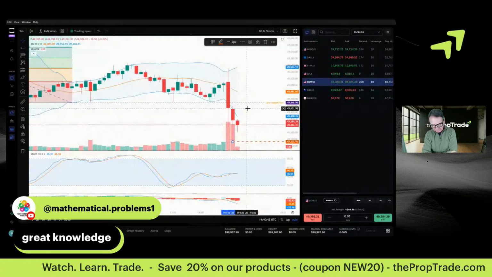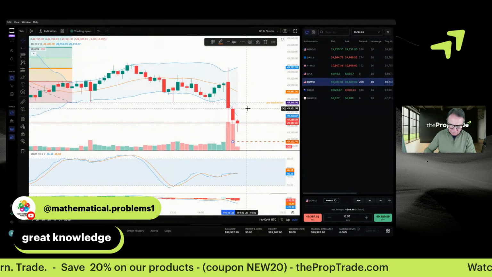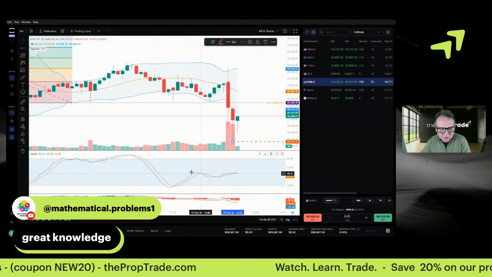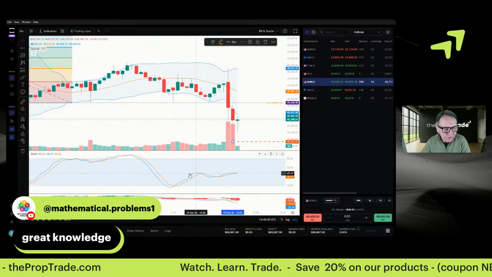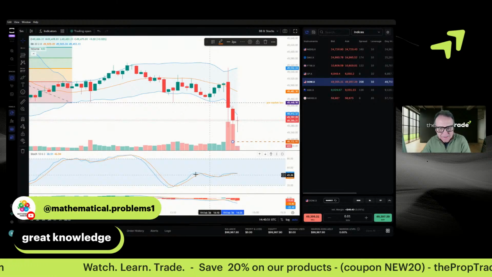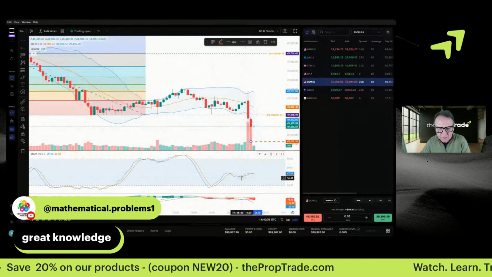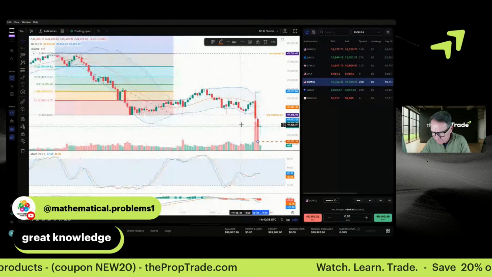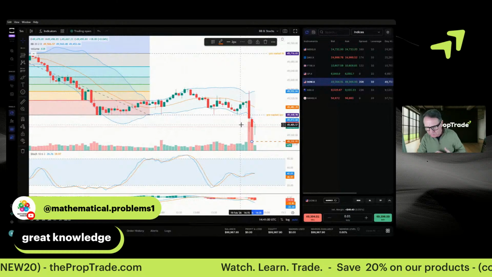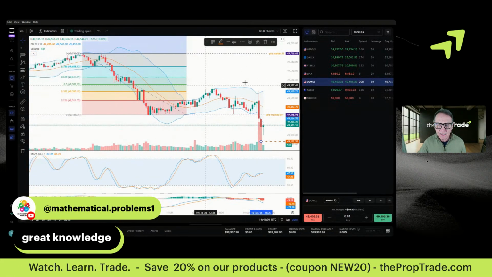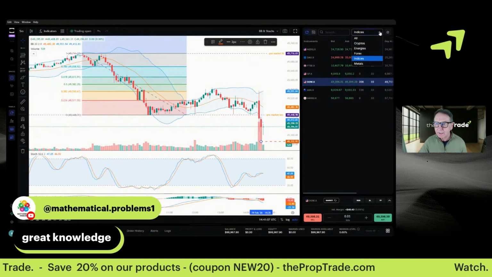So be careful trying to buy that because the pressure is to the downside. It may reverse, but as you can see on our stochastic, it's very flat here, so it's too early to try and call this to move higher as we've just opened in the last 10 minutes or so. Okay, so that's short as well.